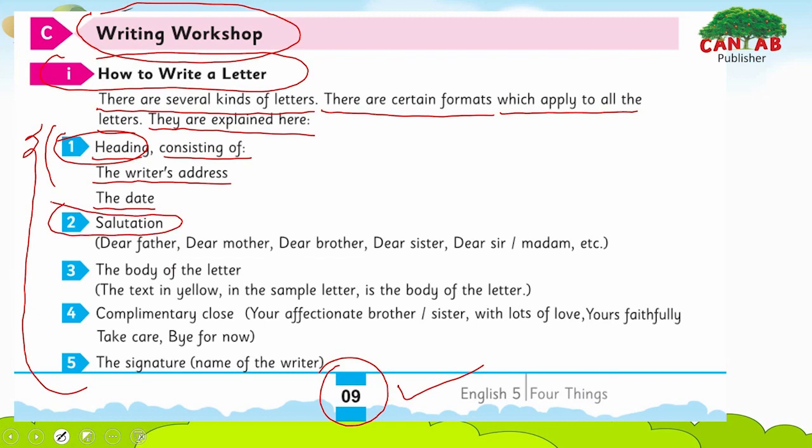Here the person who is going to be addressed is written. For example, if the letter is to his father, the salutation will be "Dear Father." If it is to a mother, the salutation will be "Dear Mother," "Dear Brother," "Dear Sister," "Dear Sir," "Madam," etc., respectively.